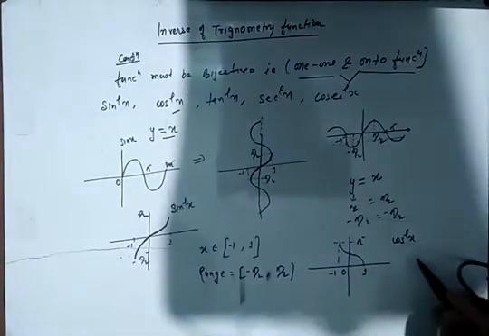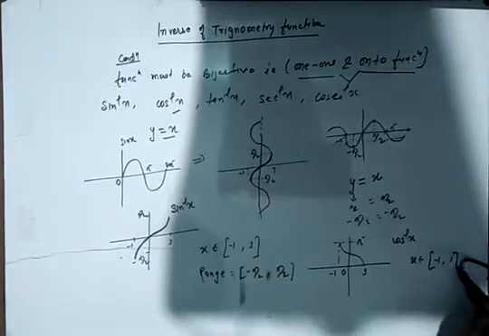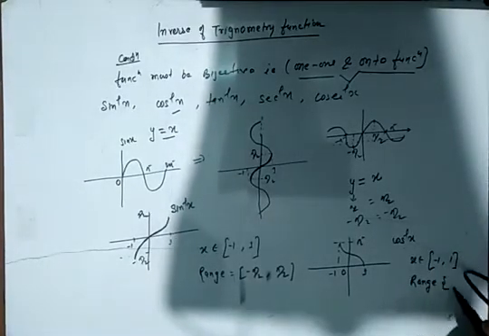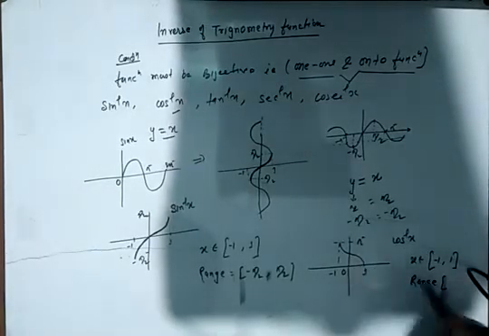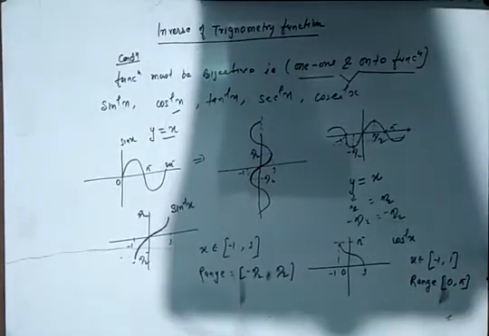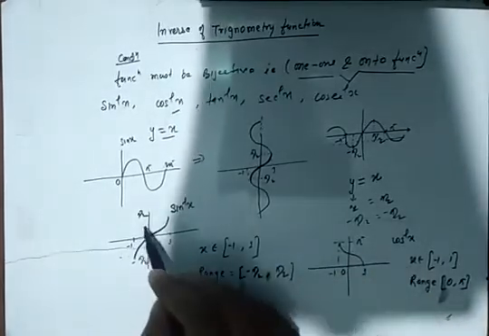So for cos inverse x, x belongs to minus 1 to 1. Okay, range is nothing but 0 to pi. So this is the cos inverse x function, and this is sine inverse x.